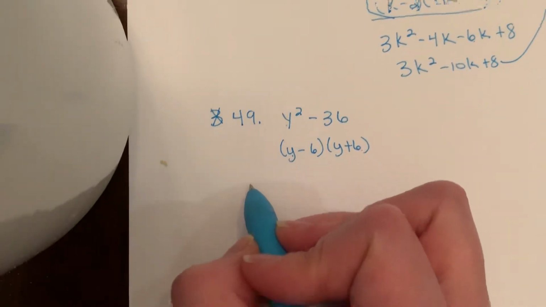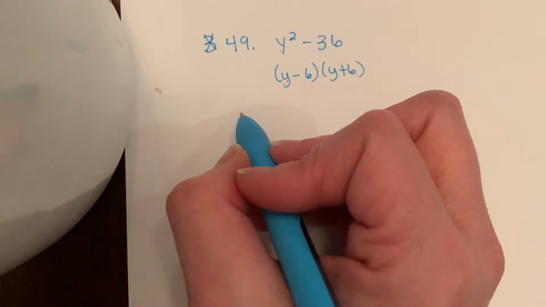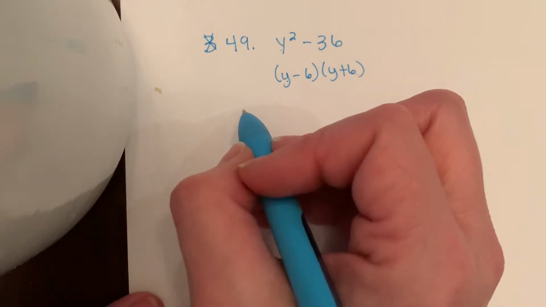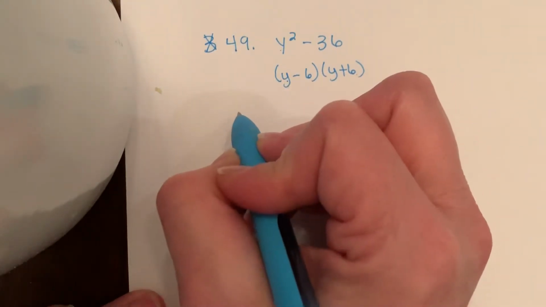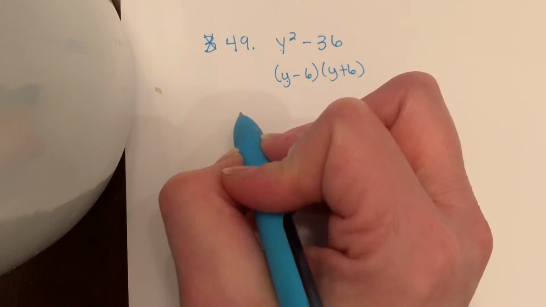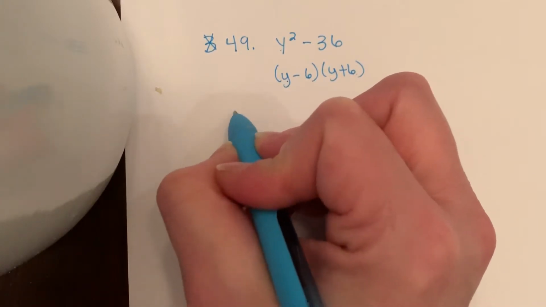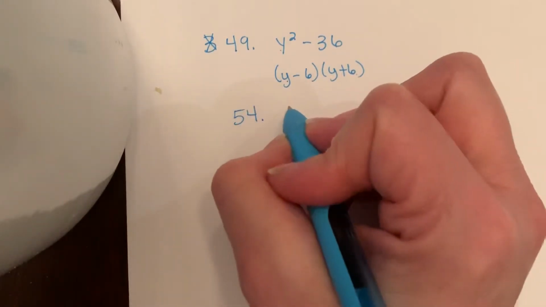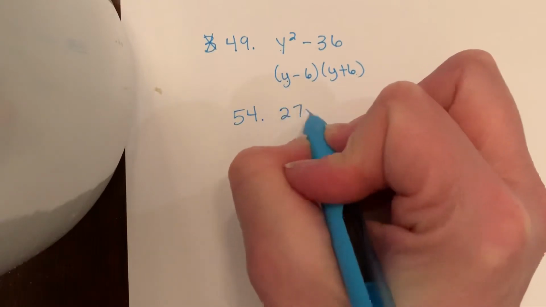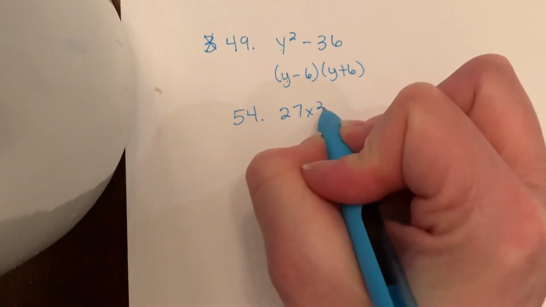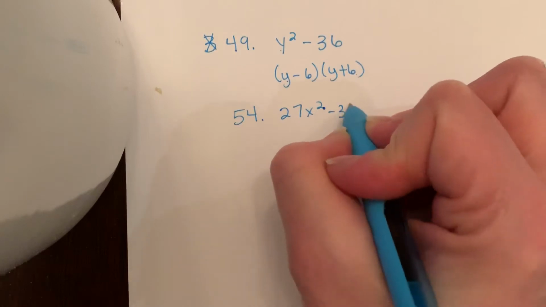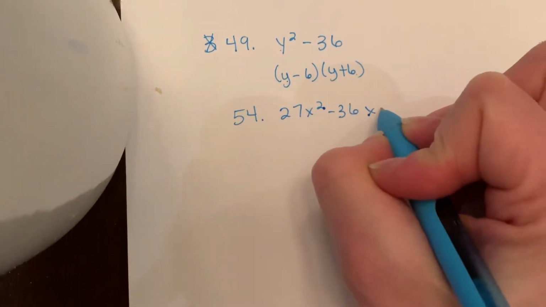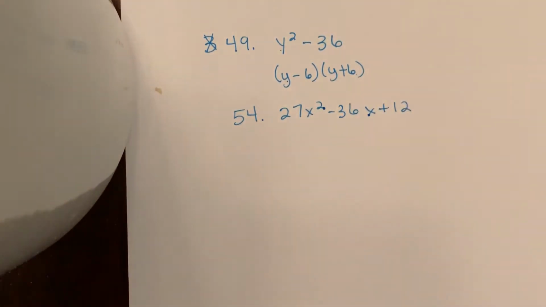All right, the last problem that I'm going to work tonight is number, let's see, let me do 54. And it is 27x squared minus 36x plus 12.